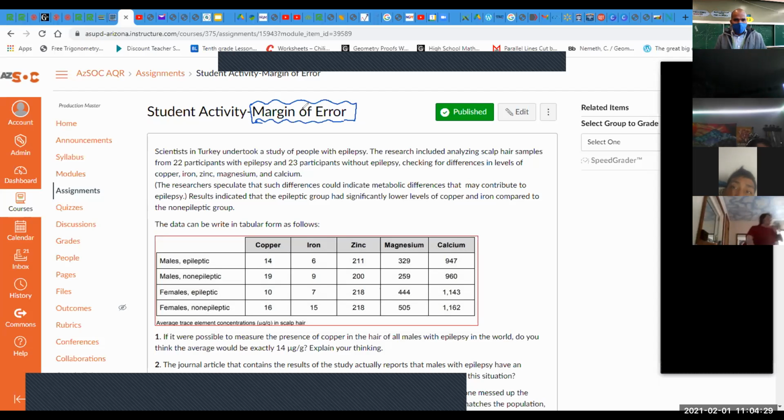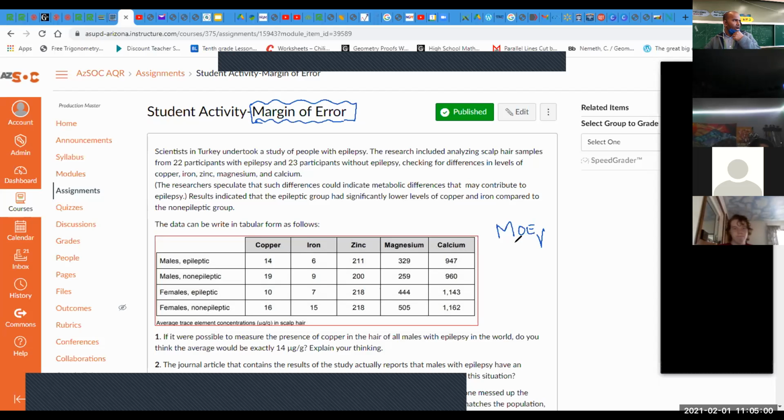Okay, so how can we calculate it? To calculate the margin of error, we have an equation. So margin of error, MOE. This letter is gamma. Margin of error gamma. Gamma is the confidence level. How confident you are on this error?